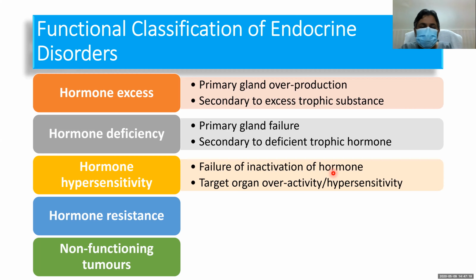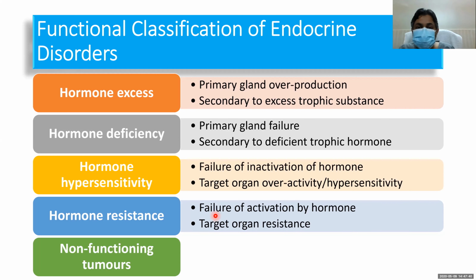This may be the mechanism behind failure of inactivation of the hormone, or it may be a receptor or post-receptor signaling defect of that particular target organ, which responds exaggeratedly to a similar amount of stimulus by the hormone.